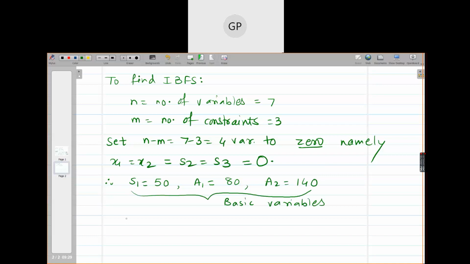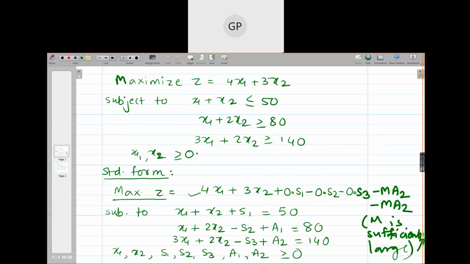And what is the Z value? Substitute everything here. So this is 0, 0, 0, 0. This is a1, na? By mistake I wrote a2 here.